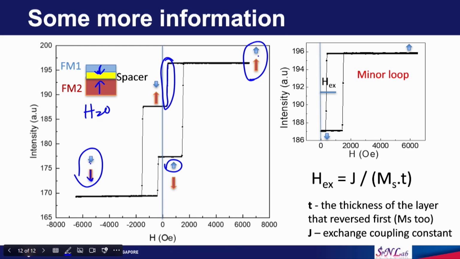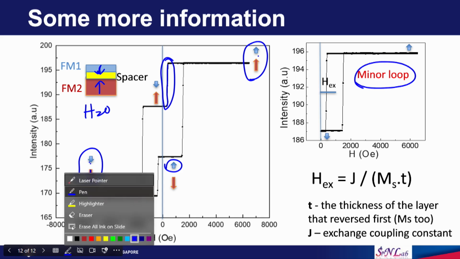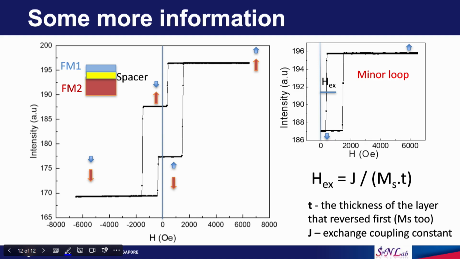You can measure the strength of exchange interaction by measuring a minor loop. When I say minor loop, what I mean is, you start from here, for example, you go all the way, this layer has flipped, let us say you stop at this point, then go back, then you will see something happening like this.